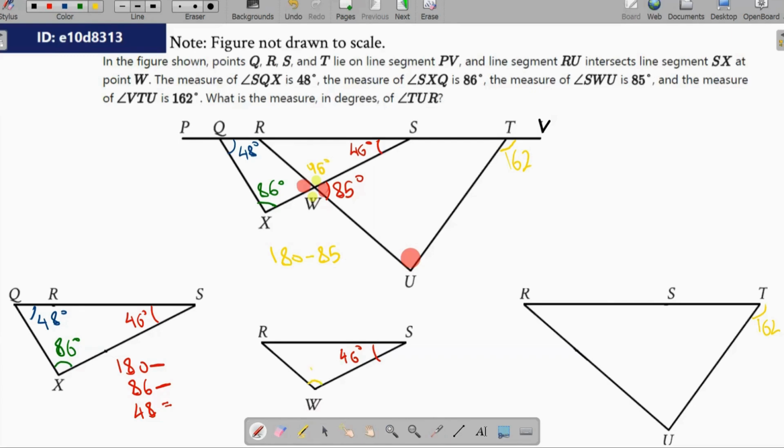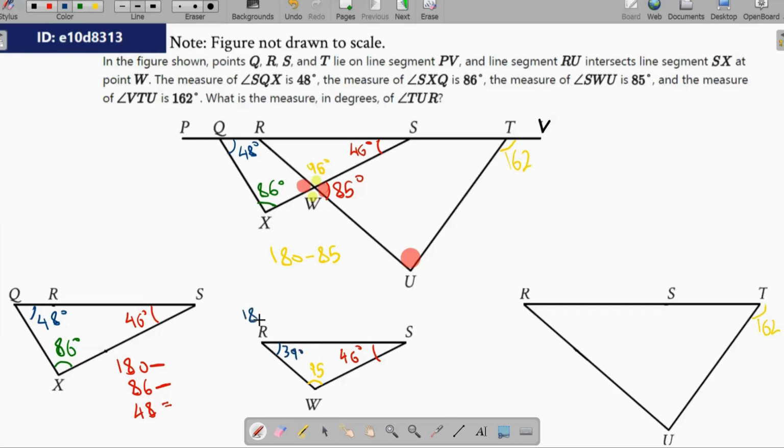This angle is 95. So now, using the previous rule regarding the sum of the internal angles, we are able to find this angle right here, the angle R. The angle R is going to be 180 minus the yellow angle 95, the angle in W, minus 46, which is the angle in S. And that's going to be 39.